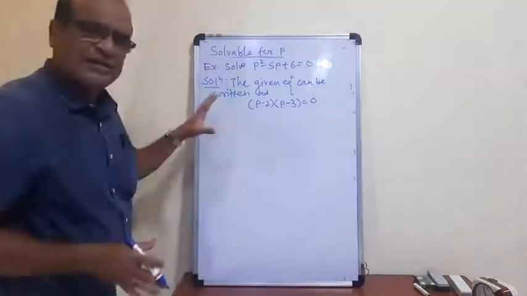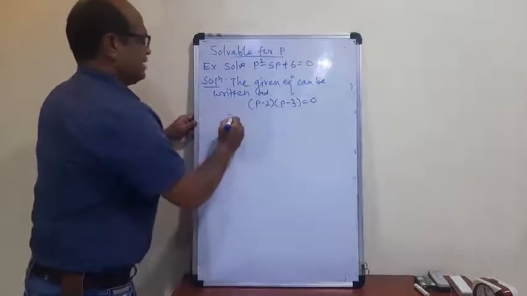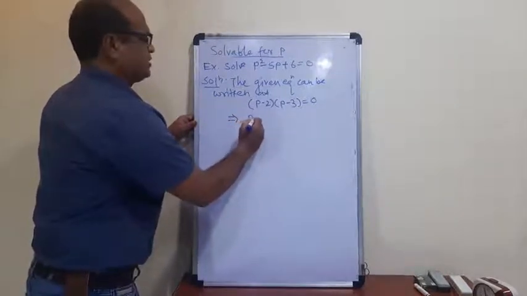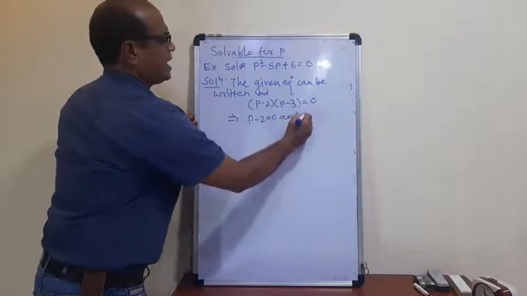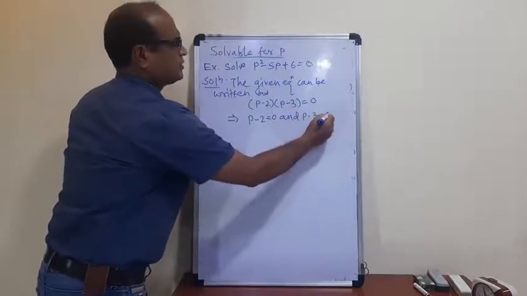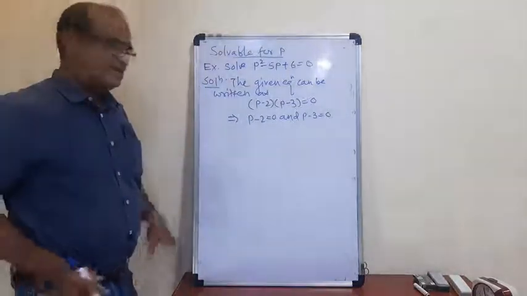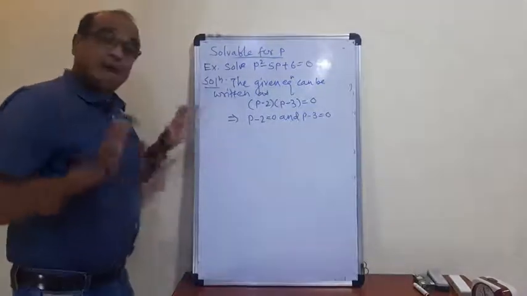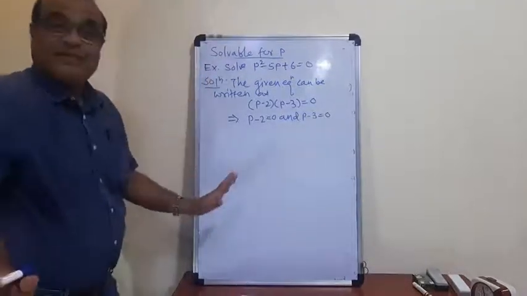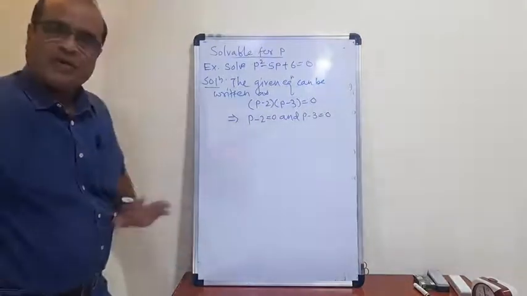We follow just the method. So this implies p minus 2 is equal to 0 and p minus 3 is equal to 0. I follow the same method that was given. Only if factors can be formed here can we solve such examples. If factors cannot be formed, we will have to follow another method.